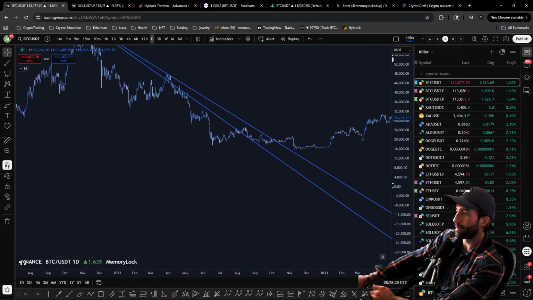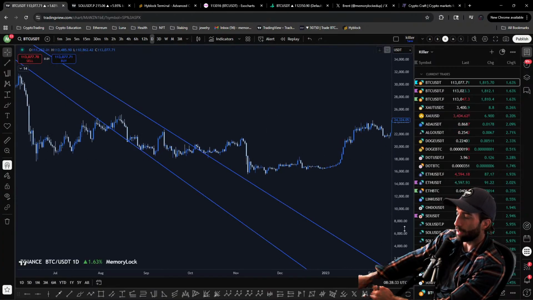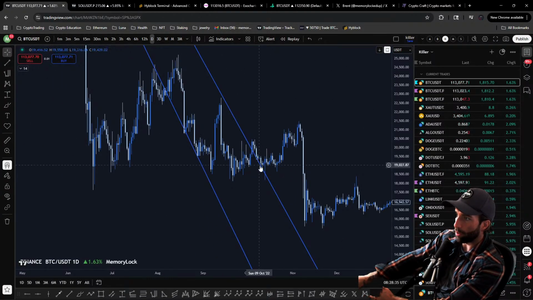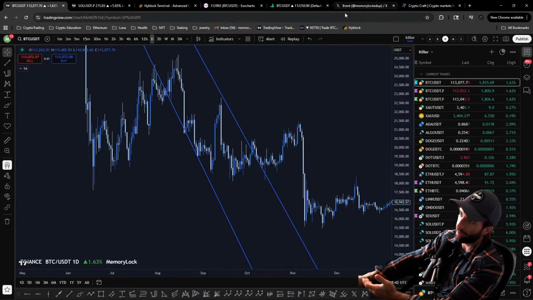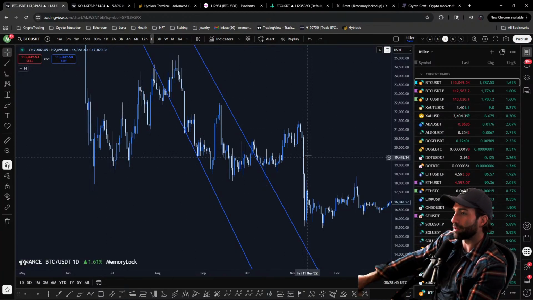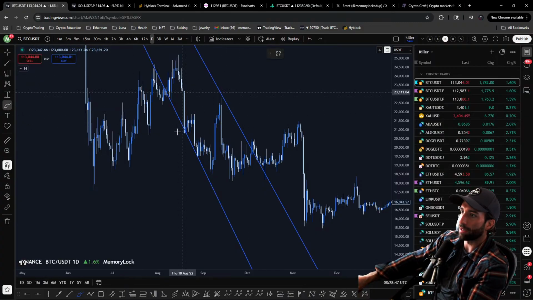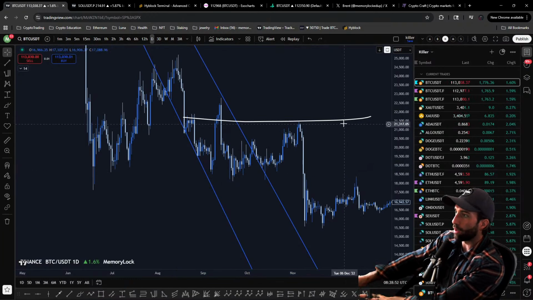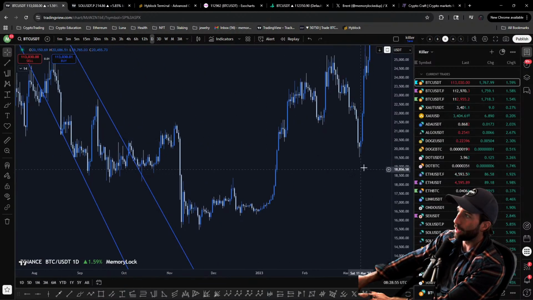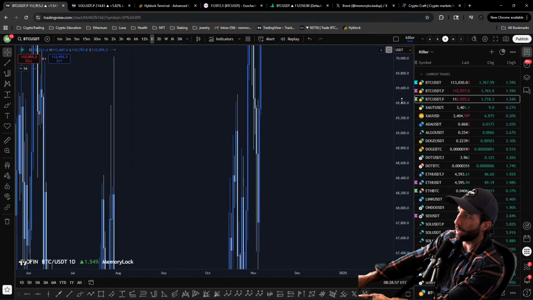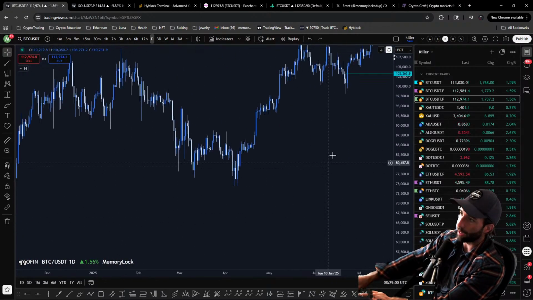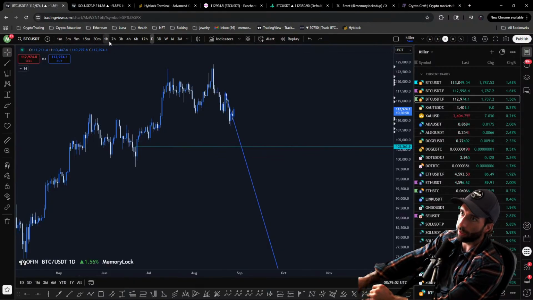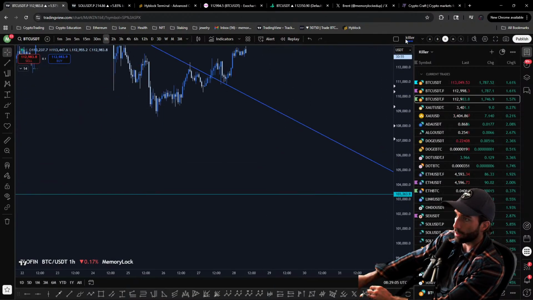Even this here, if we drew it this way, it broke out, came back, tested, and then we had this move up. But a bump and run, the run is supposed to run, right? This isn't really much of a run. This still falls inside the context of ranging. That's just one thing that it's important to be aware of. I don't think that we have to necessarily think about it in that way just yet with BTC, because the proof's in the pudding, and right now it looks good.